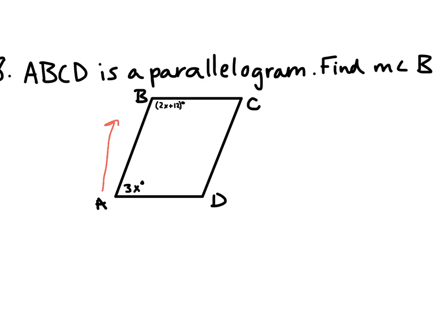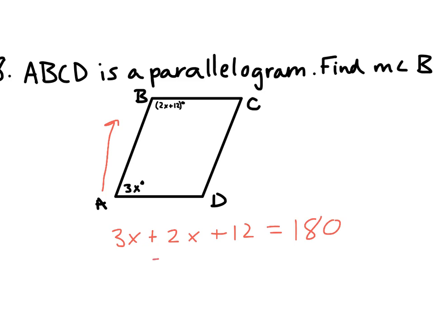So A and C would be opposite, but since A and B are next to each other, they're consecutive. And we know consecutive angles add up to 180. So what would our formula be here, our equation? Perfect, so we add them and set them equal to 180.